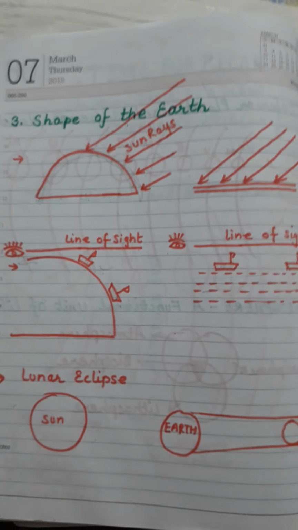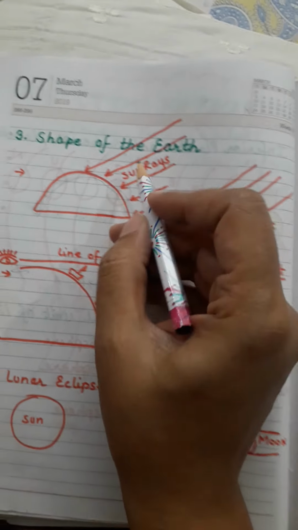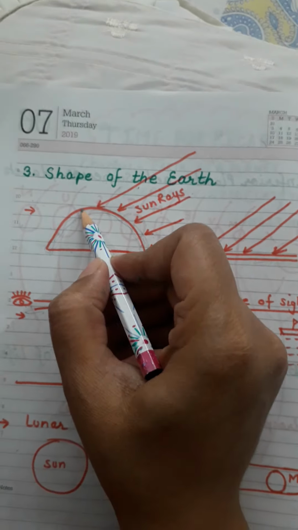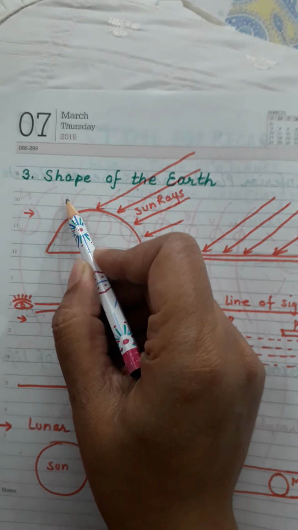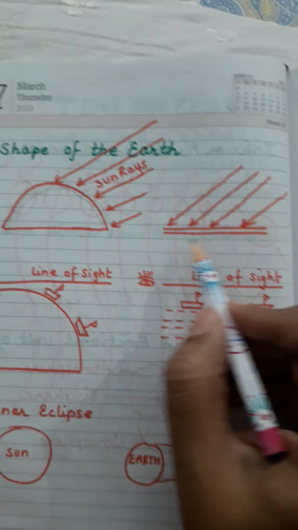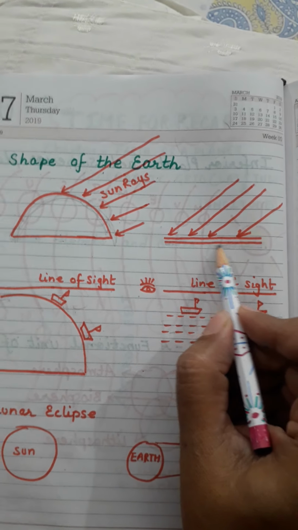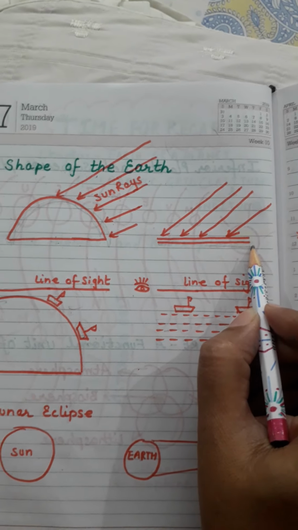Now, come to the next important part, that is the shape of the earth. In ancient times most people believed that the shape of the earth was flat.